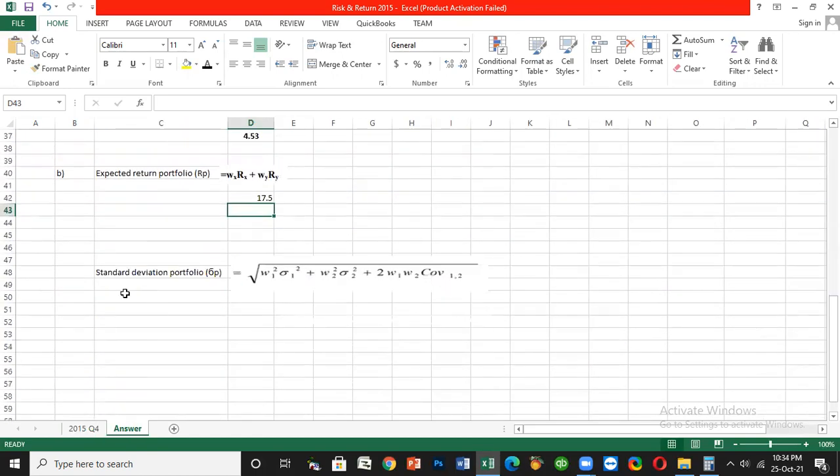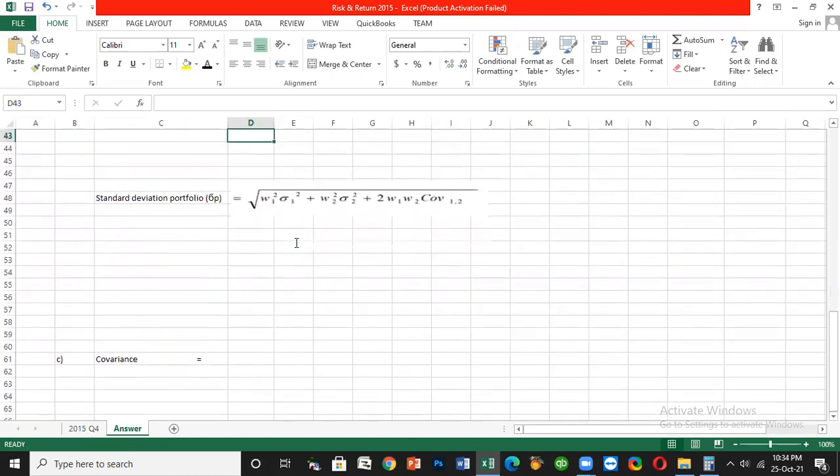This is the formula to calculate the standard deviation of the portfolio: W1, the weight of X, squared, multiplied by the variance of X, plus W2, the weight of Y, squared, multiplied by the variance of Y, plus 2 multiplied by W1 multiplied by W2, then multiplied by the covariance. So all the details we already calculated.